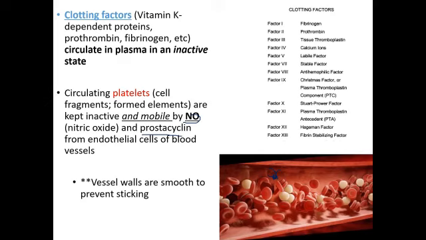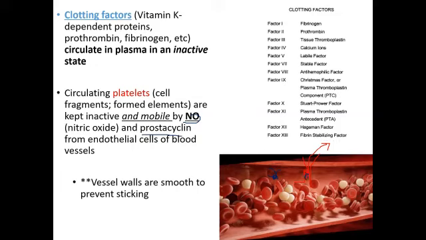And essentially, these are signals that keep the platelets from sticking to each other and initiating the process of blood clotting. Now, as soon as you cut your skin, and blood, of course, starts pouring out from your blood vessels, this irregularity and even loss of inhibition from the blood vessel walls is going to allow platelets to start sticking together.